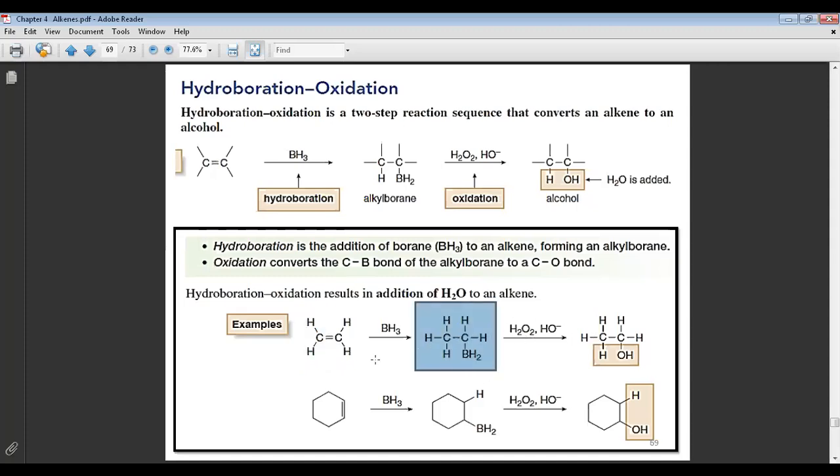Now, oxidation means this group is converted to the OH, the hydroxyl group, to the alcohol. Hydroboration, oxidation, a two-step reaction. Take this compound, cyclohexene, with BH3, it gives BH2 and hydrogen. Now oxidation converts the BH2 to OH. Now this is the product.